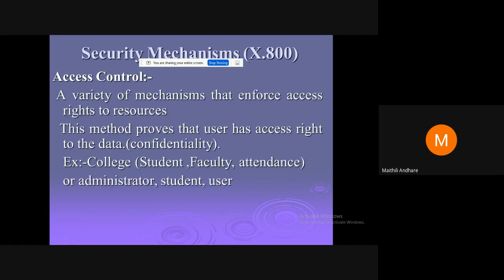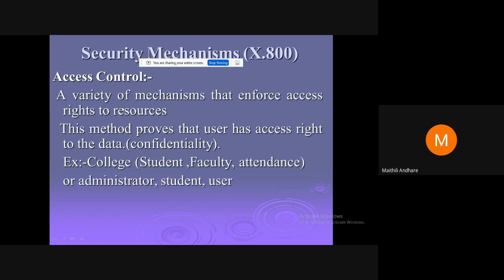Then we have seen the meaning of access control. The word itself explains that the control of the access is given by different means. The access control will not be the same for all the categories. Here, in an organization, I have taken the example of a college, the student access control, the faculty access control, and the administration access controls are different.